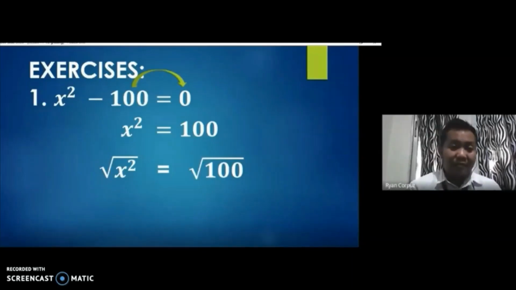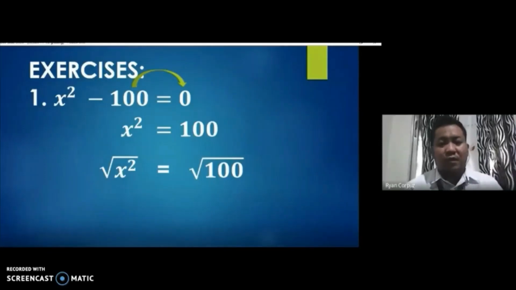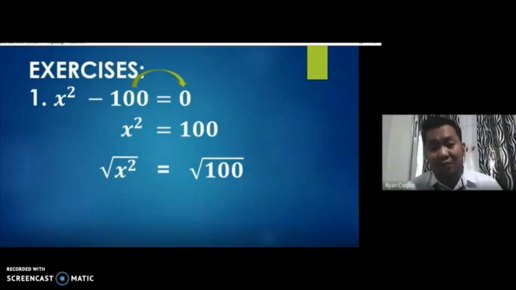But the usual that we know, when we get the square root of a certain number, especially if the given number is a perfect square, the usual answer that we give is a positive number. So for example, the square root of 100, we know that the square root of 100 is 10.